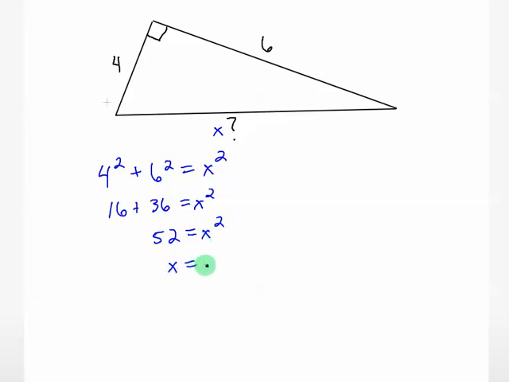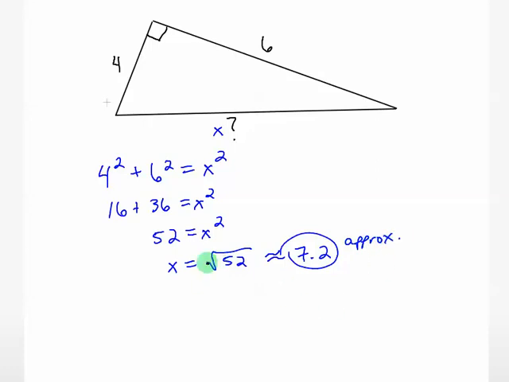So x, we could write plus or minus again, but we know that x has to be a positive number because it's the length of a side of a triangle. So I'll just write square root of 52 when I take the square root of both sides and flip the equation around. Now, to get an approximate answer here, the square root of 52 is approximately 7.2 to get an idea. So this is the approximate answer.